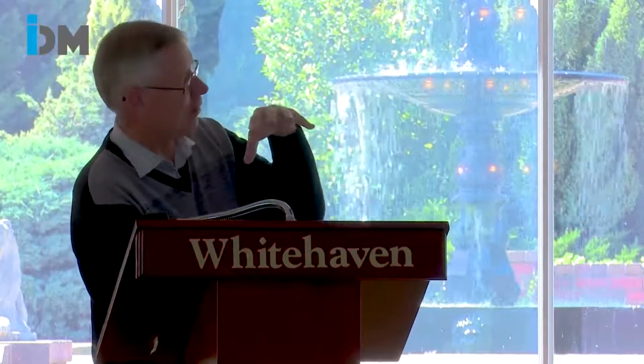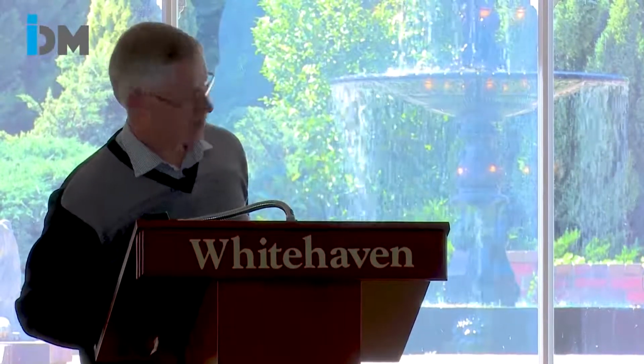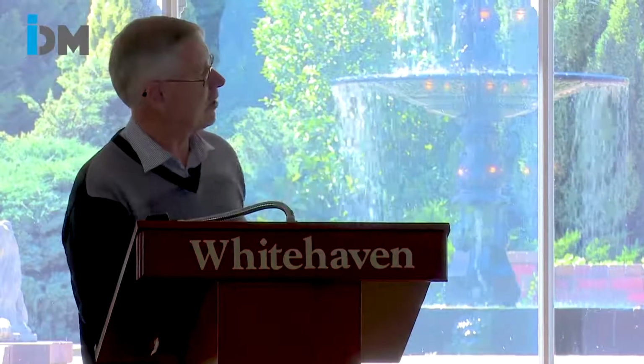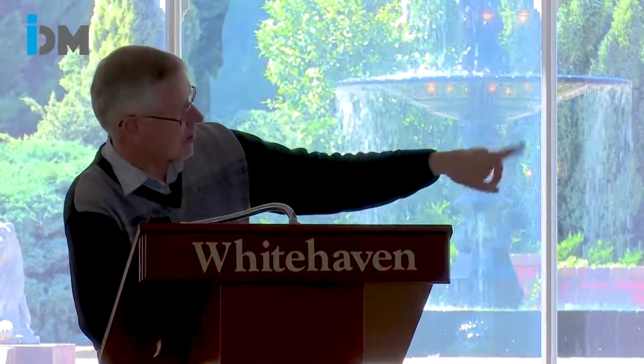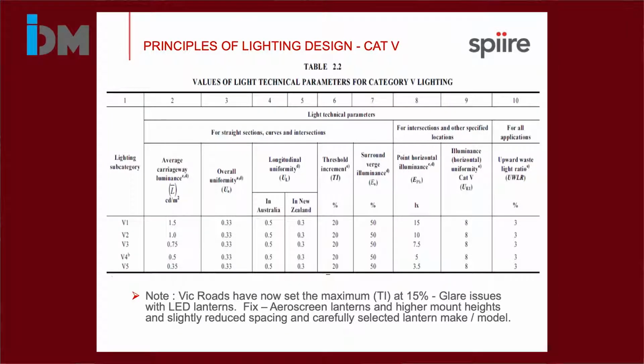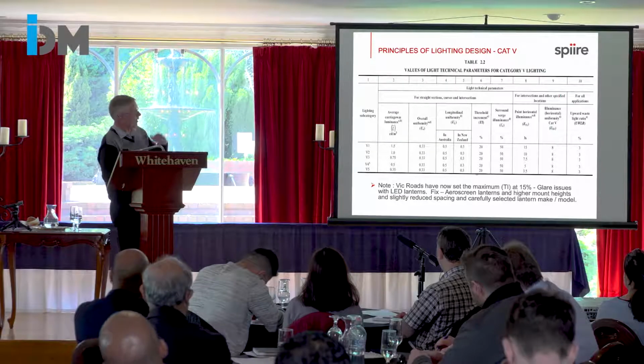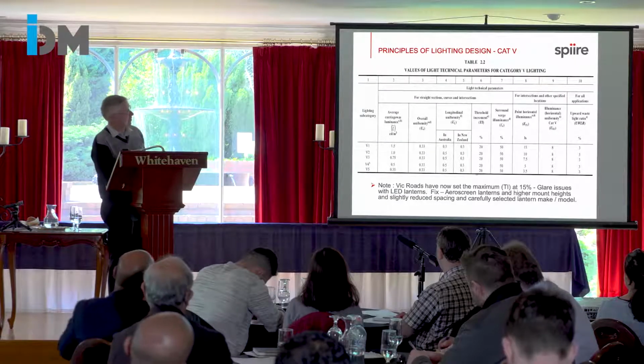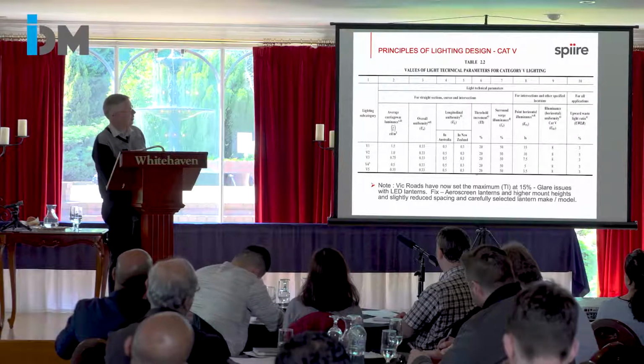So when you get high output lanterns, you will get quite intense light from the source itself. Lanterns are constantly being redesigned to make them more compliant with this reduction in threshold increment for use on major roads, because as I said before, there have been situations where they've had to take LED lanterns down and replace them with alternate versions because of the glare that people were experiencing.